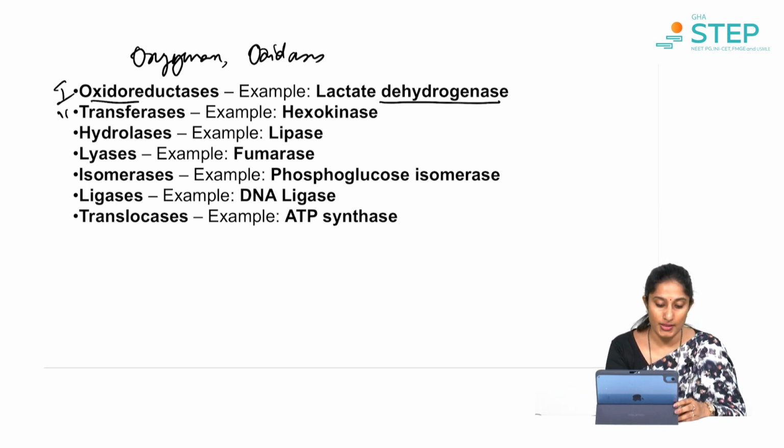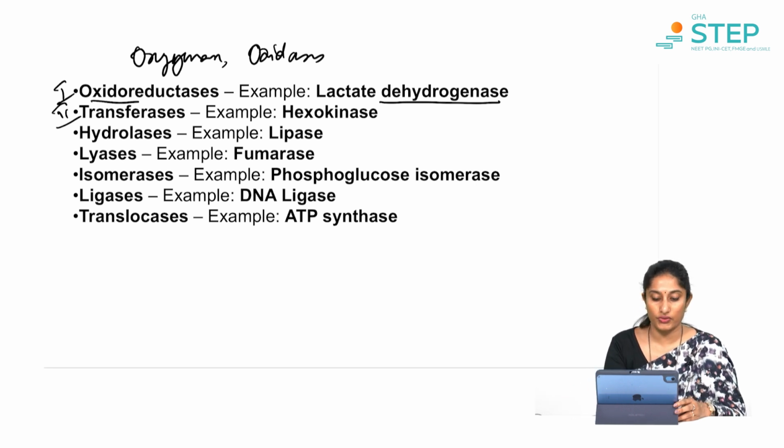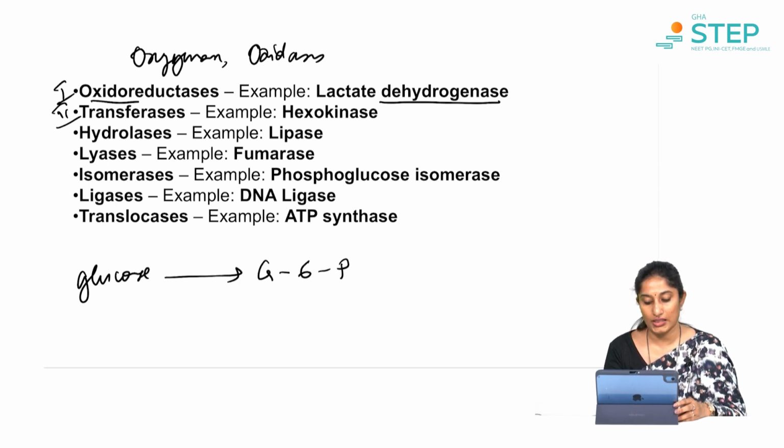Coming to class number 2, we have the transferases. For example, glucose gets converted to glucose 6-phosphate. The enzyme might be glucokinase or hexokinase. From where has this phosphate been added to the glucose?